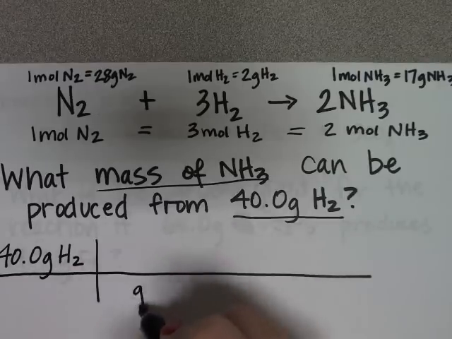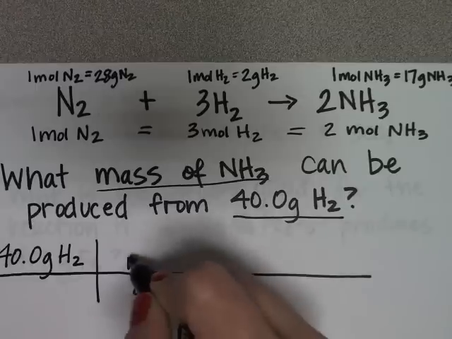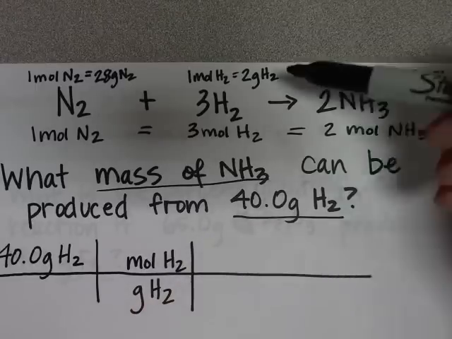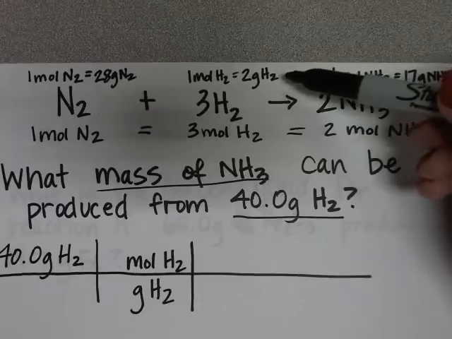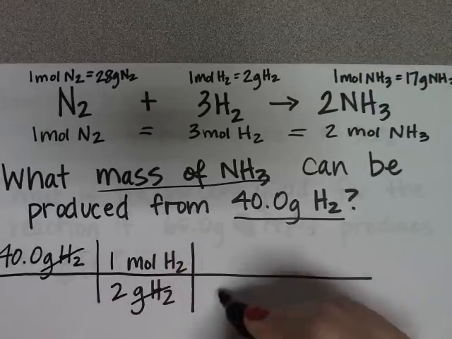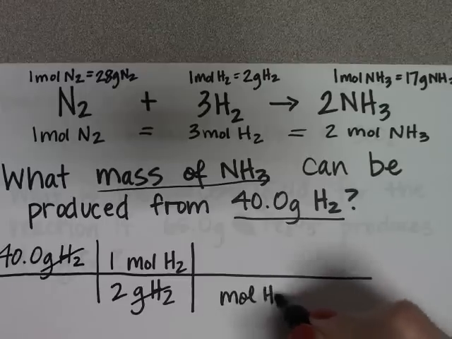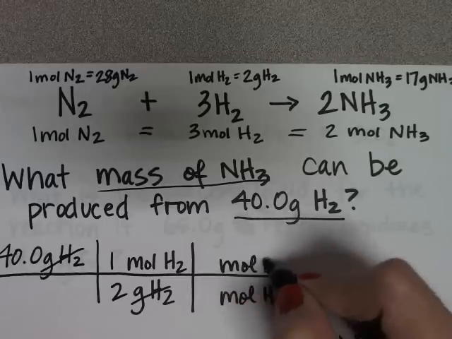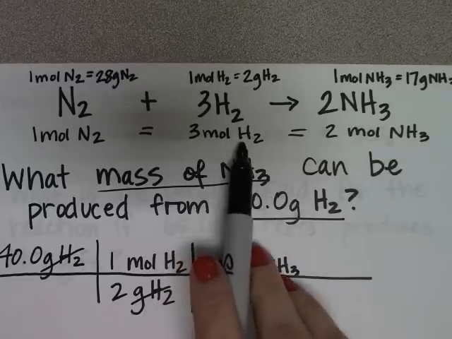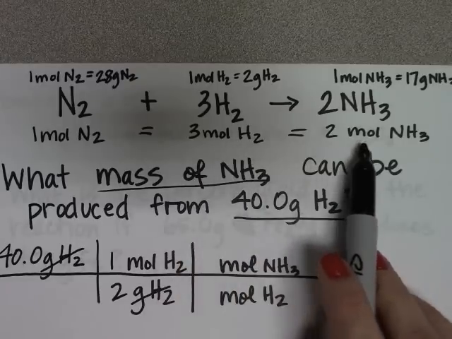First, we have to convert grams of hydrogen to moles. And that equality is this one here we've written down. 1 to 2. And the reason we do that is so that we can convert moles of one substance to moles of another. In this case, moles of hydrogen are related to moles of ammonia.